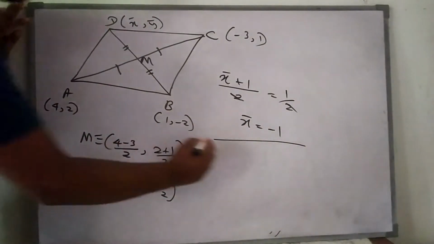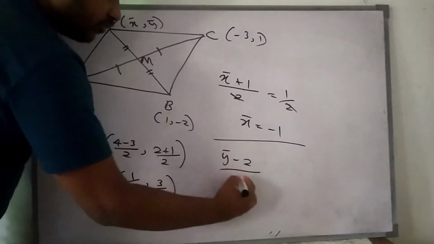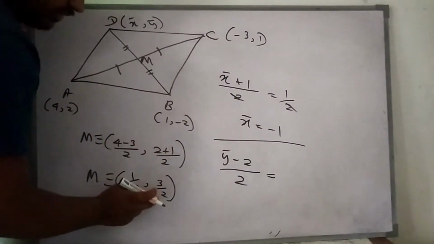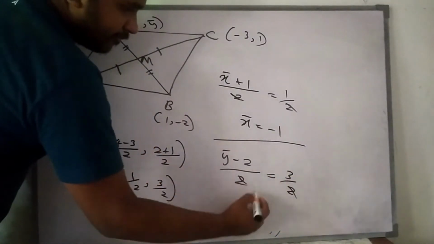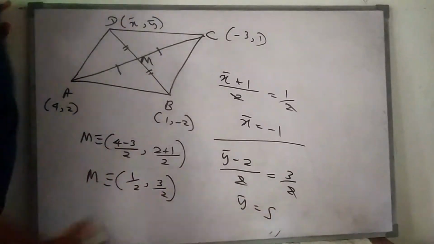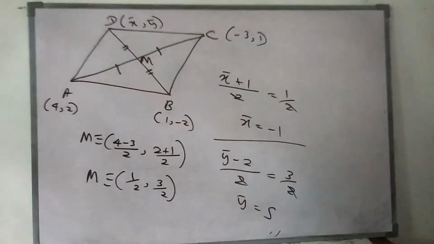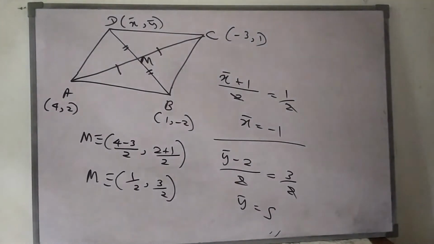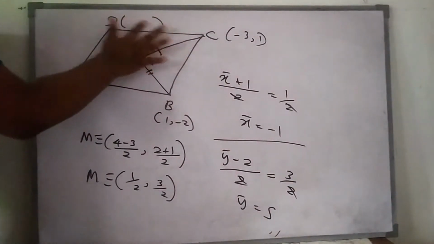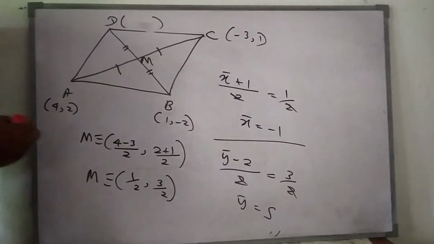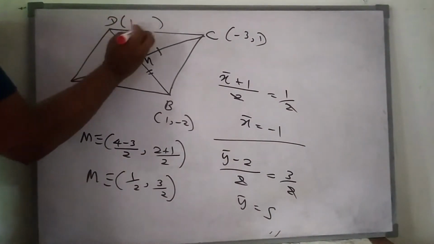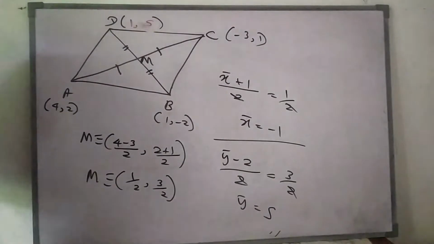What about y bar? (Y bar minus 2) divided by 2 is equal to 3 by 2, then y bar will be 5, right? So this is the coordinates of the point D, (-1, 5).